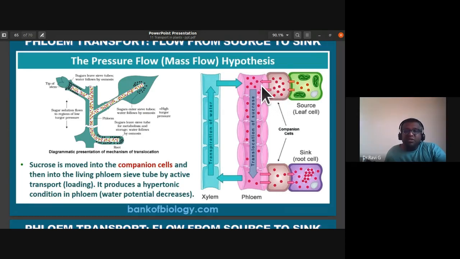Once the food is loaded into the sieve tube, it produces a hypertonic condition in the phloem. Because of more solutes, the water potential decreases, and water enters from the xylem into the phloem.